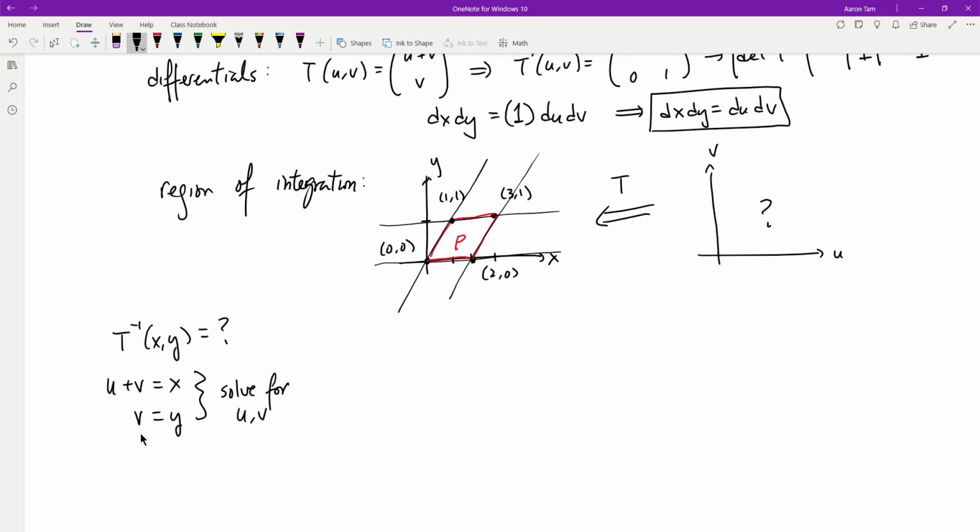And because V is equal to Y, I can say U plus V instead of V, and we'll say Y equals X. And therefore U is equal to X minus Y. Now these two equations allow me to define UV as a function of X and Y, which is what our inverse function is designed to do.